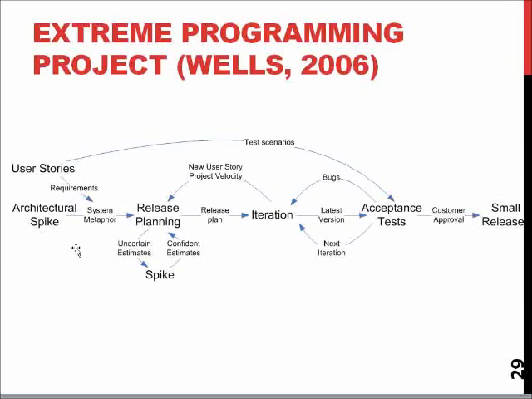When you more or less know what architecture you will be using, you start release planning by making a plan for the next iteration, development, and the features, and then iterate between the latest version, acceptance tests, bugs, and the next iteration. So basically you are continuously planning new features and also developing the software forward.